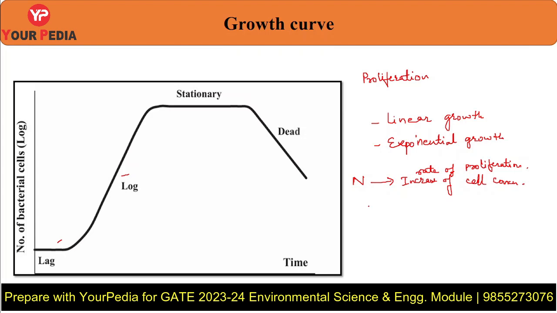So n is the rate of proliferation, also known as increase of cell concentration, right? And let's say the time required to double the cell number in a population can be considered as an average cell generation time, Tg. So Tg is the average cell generation time, the time taken to form new cells.